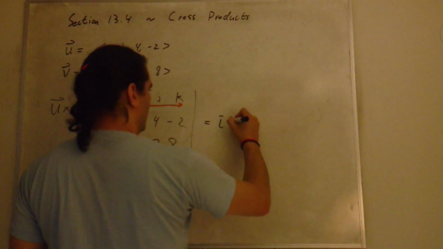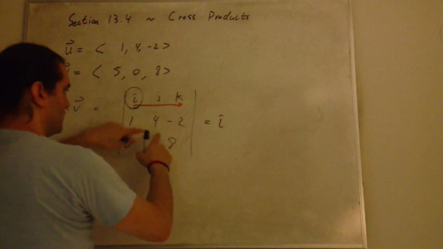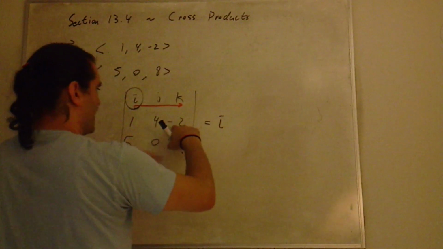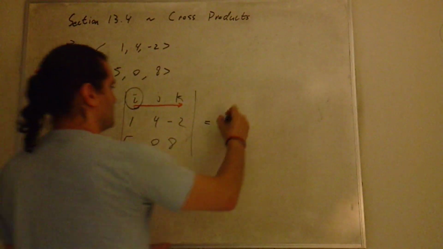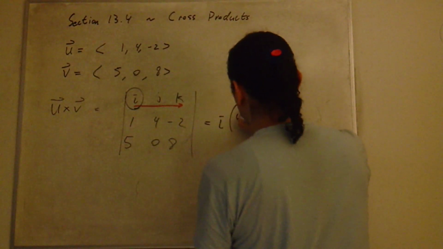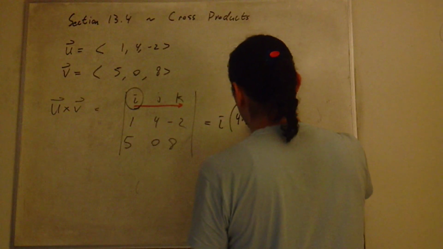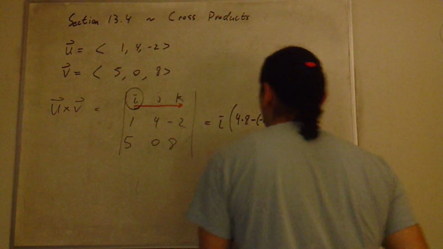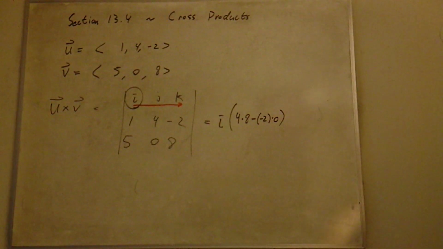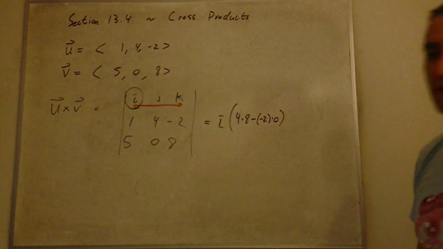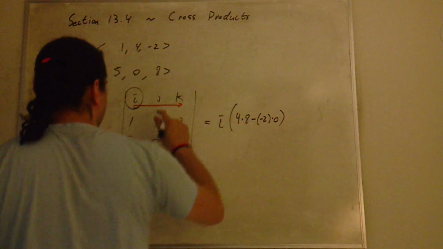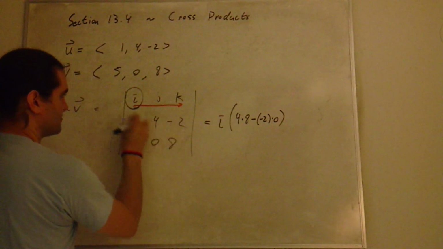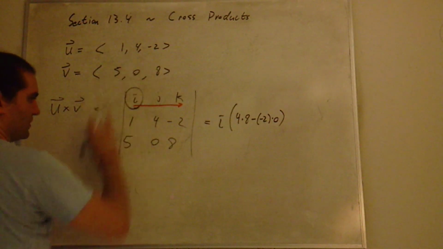So it's I times, you multiply these things across and then subtract them. So this will be I times 4 times 8 minus negative 2 times 0. That's the first piece, from this little 2 by 2 matrix that excludes i's row and column.